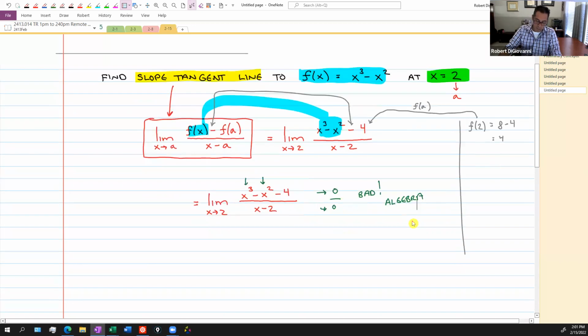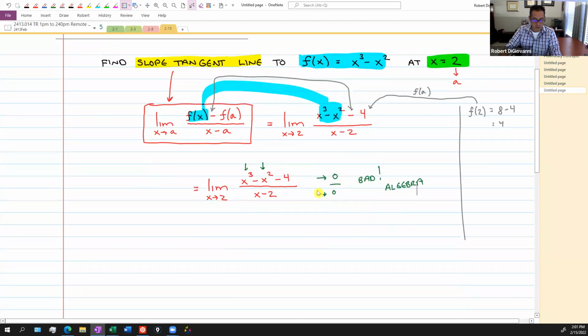Okay, I've got bad news. This up here doesn't factor easily. If it were like x squared minus x minus 4, then maybe it would factor, but this does not, unless you remember something from college algebra.